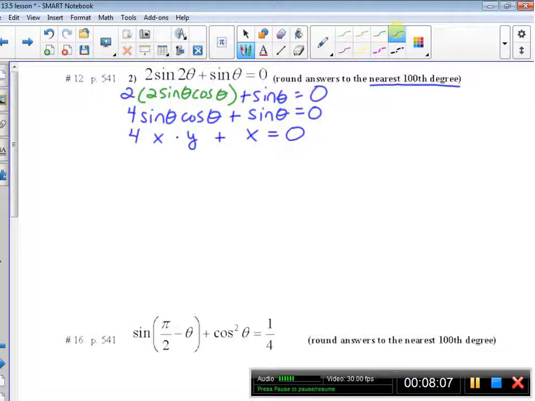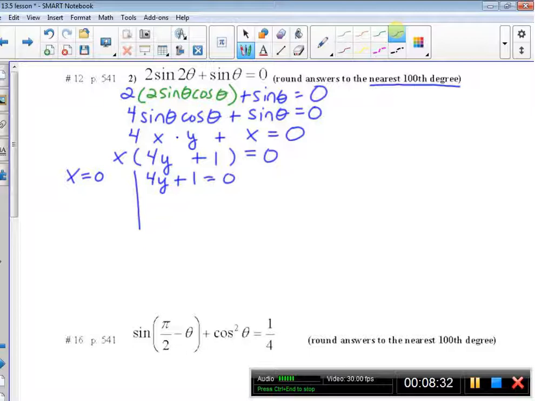Now, you might not think you can solve this because there are 2 different variables, but you can if you think about GCF, and that's the big key thing here. So we're going to factor out an x, and we're left with 4y plus 1 equals 0. So we really have x equals 0 and 4y plus 1 equals 0.